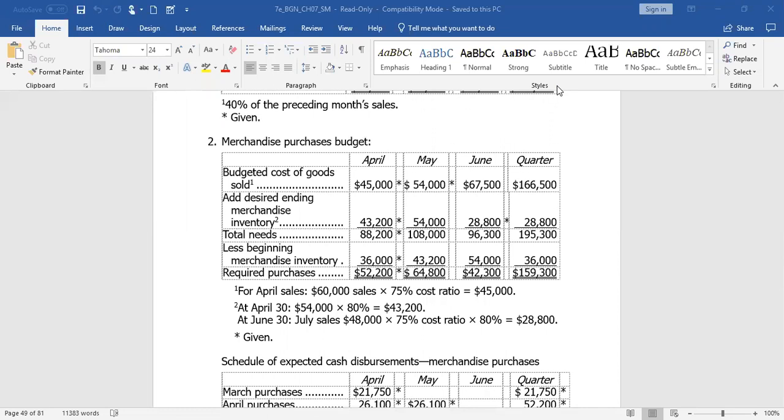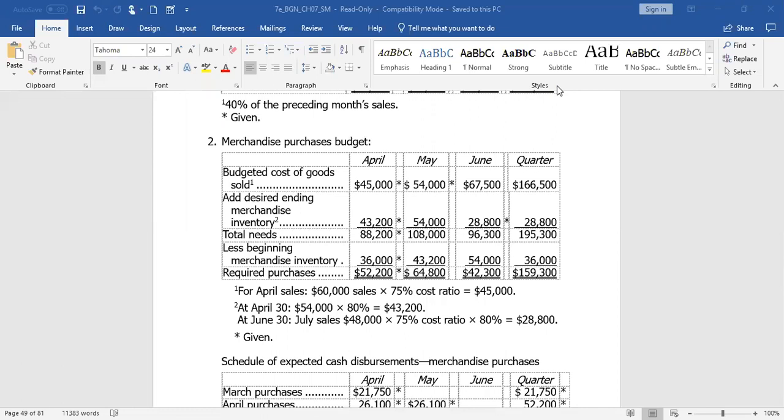But we start the beginning of April with $36,000. That's in your book on page 339. So how much do we have to purchase? $52,200. Same with May. We have $108,000 need, but we'll start the beginning of May with the inventory at the end of April, $43,200.